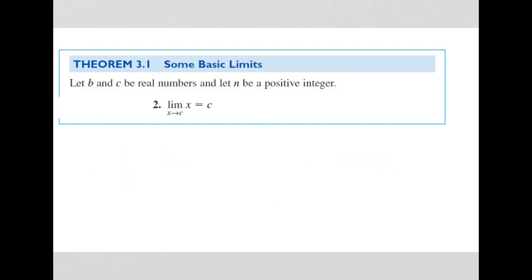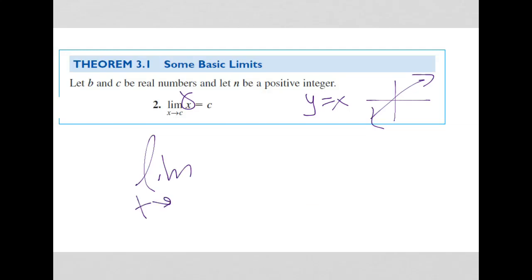This one, very similar. This time, think about that x as the function y equals x. We know what that line looks like. As x gets bigger, y gets bigger. So if we have the limit as x goes to, let's use the same example, 5 of x, well, that's going to be 5. It's going to be whatever that limiting value is, because it's going to go straight to it, because it's a linear function with slope 1.